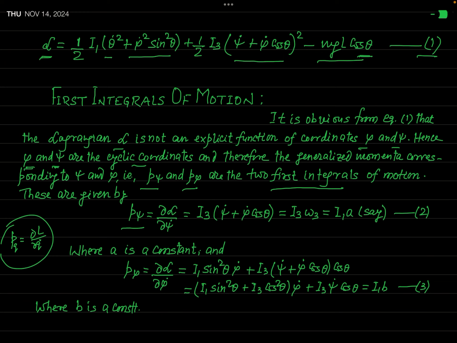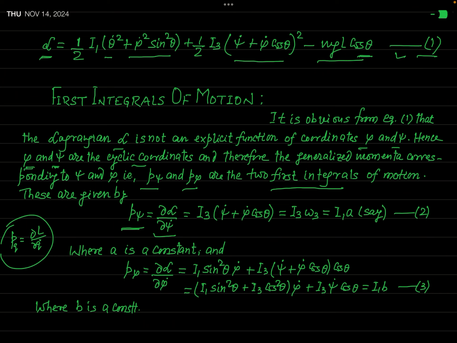So the momentum corresponding to the coordinate psi, which is a cyclic coordinate, is given as p psi equal to the partial derivative of Lagrangian L with respect to psi dot, where psi dot represents the generalized velocity. So del L by del psi dot is actually equal to p psi. Now, the expression for L you can see in equation 1.